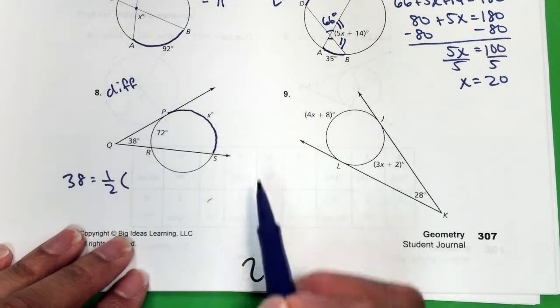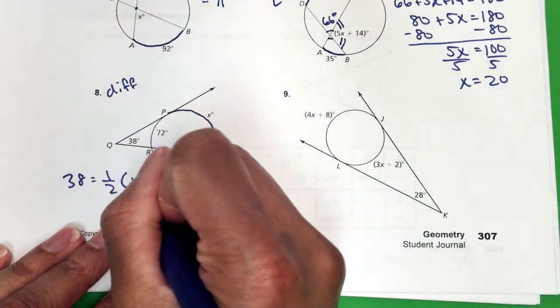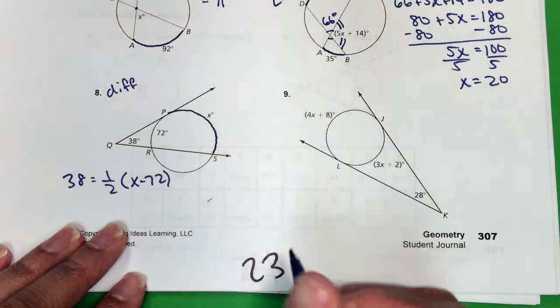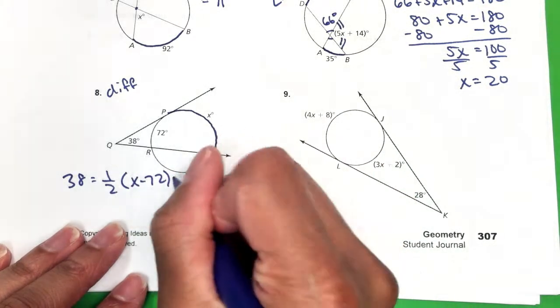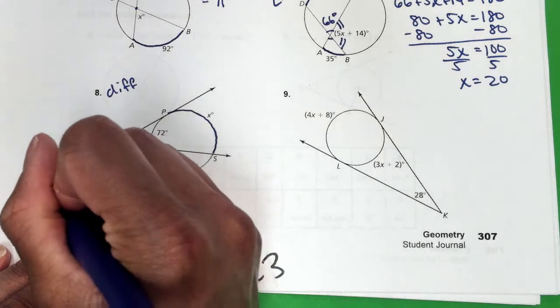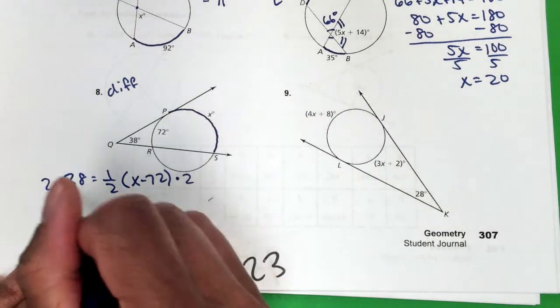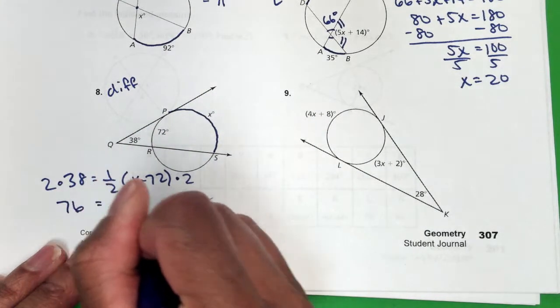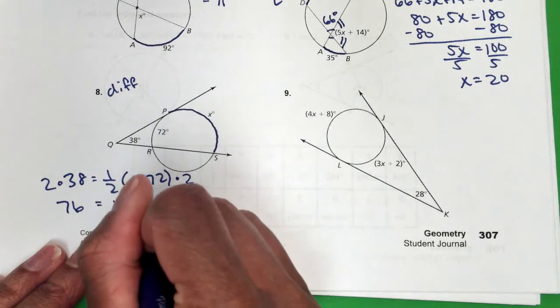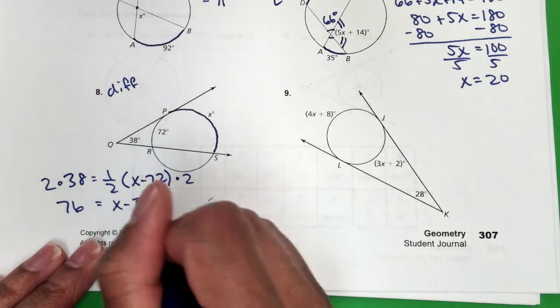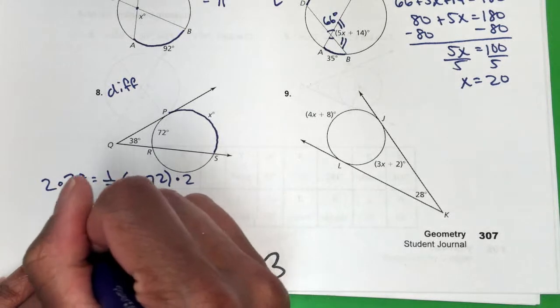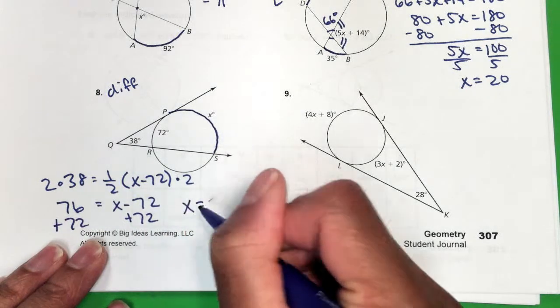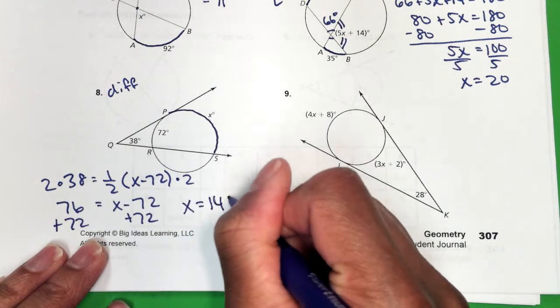And remember, our big one goes first, so it would be x minus 72. In order to get rid of that half, I'm going to multiply by 2 on both sides. So 2 times 38 gives me 76, and my half and my 2 are gone. I'm going to add 72 to both sides, and so x equals 148 degrees.